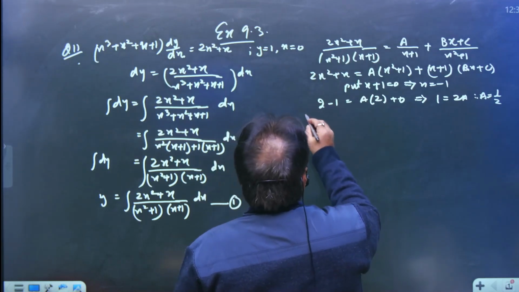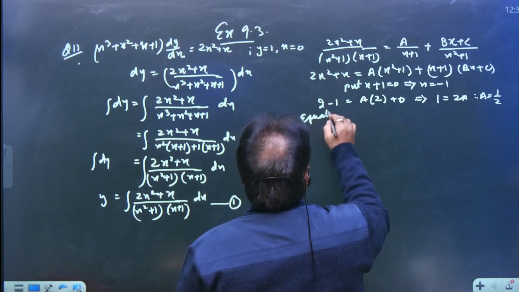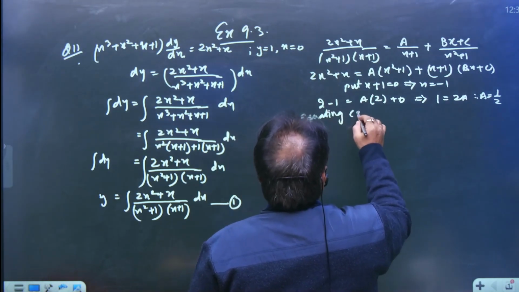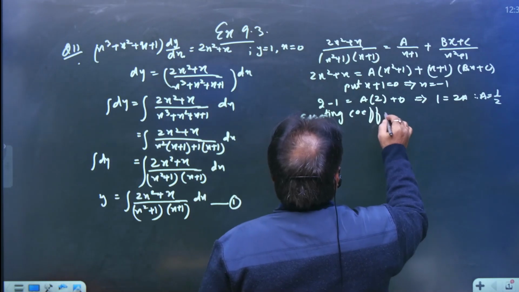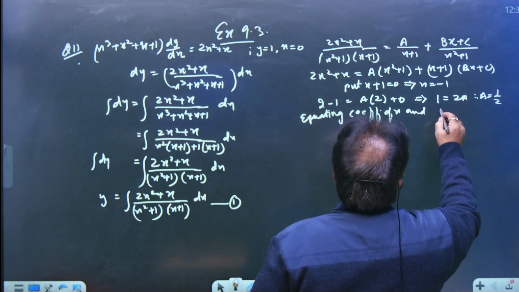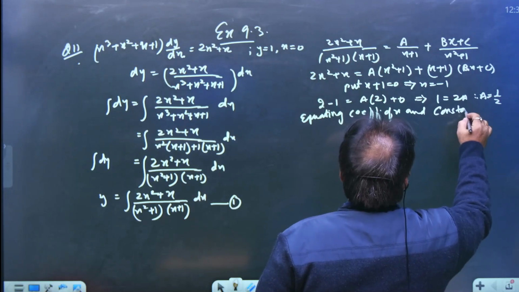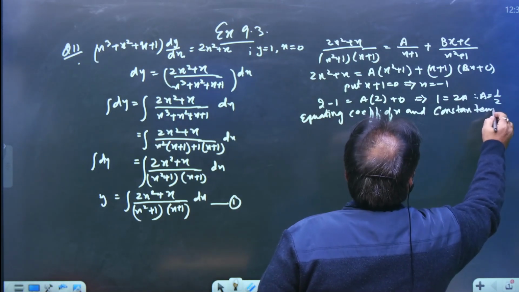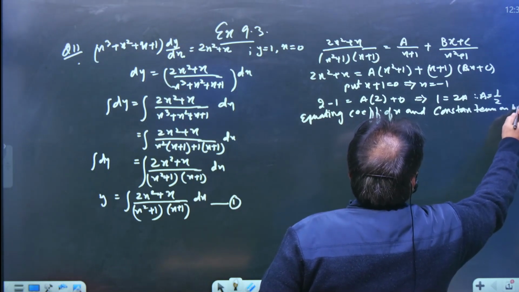So, equating the coefficient of x² and the constant term on both sides.